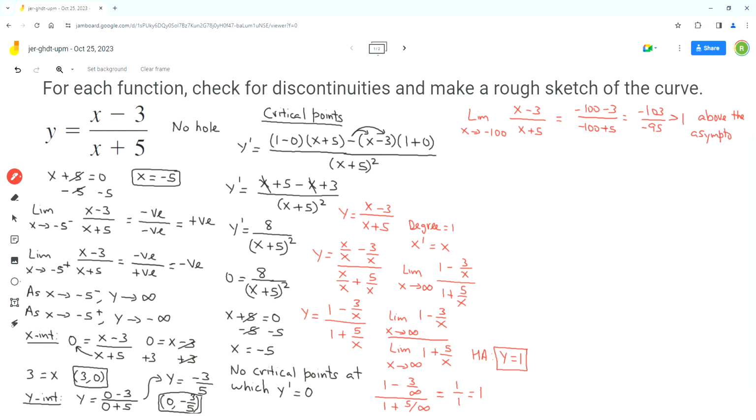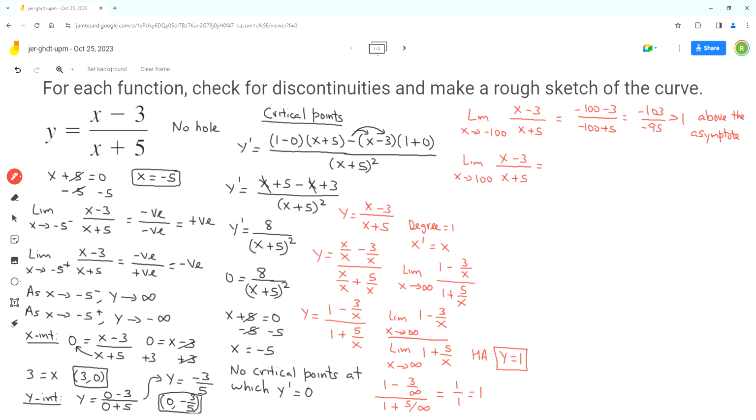Now we can calculate the limit on the right side of the number line. Limit as x approaches positive 100 of x minus 3 over x plus 5.